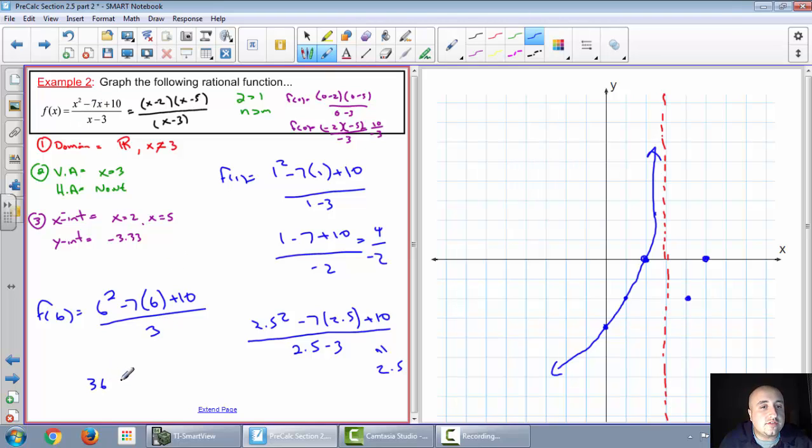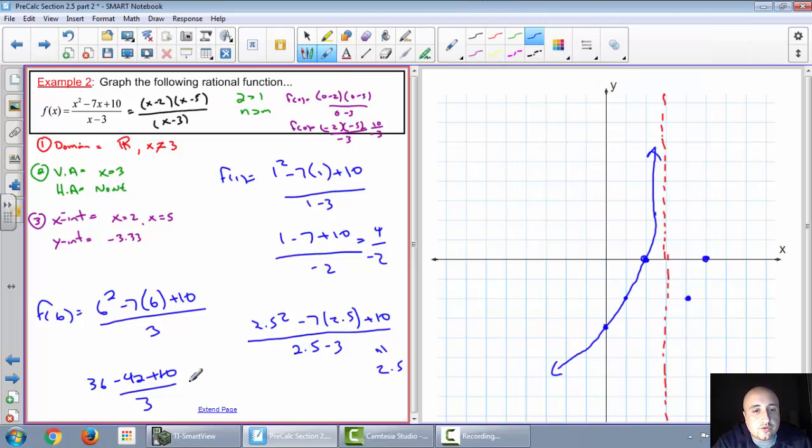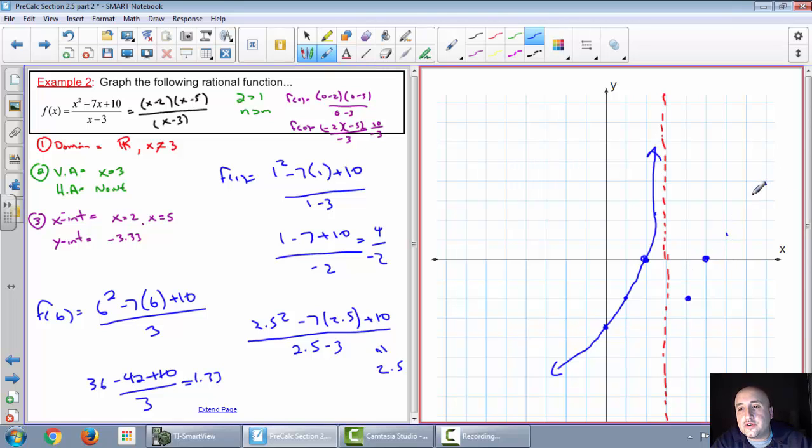So 36 minus 42 plus 10 all divided by 3, and I get 1.333. So when I plug in 6, I get 1.33. And now we have the general shape again. Oops, I missed my point. Okay, and there is our shape.